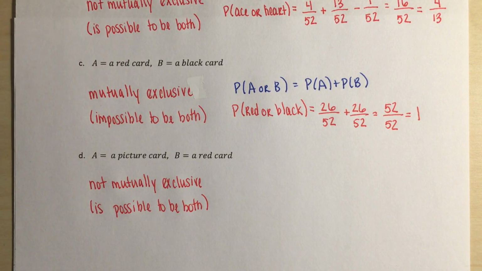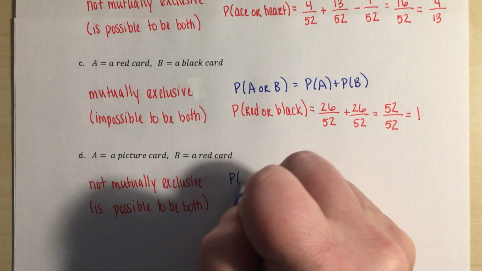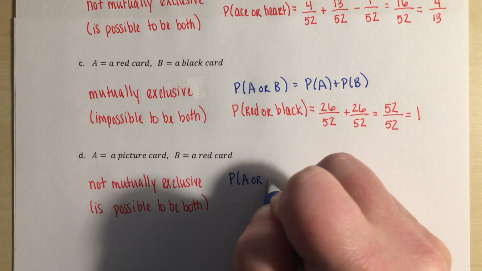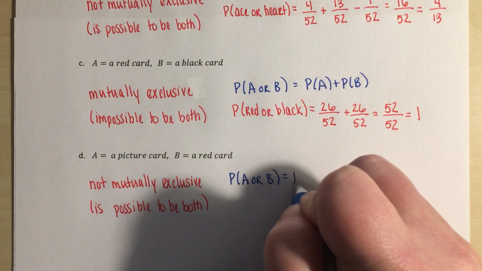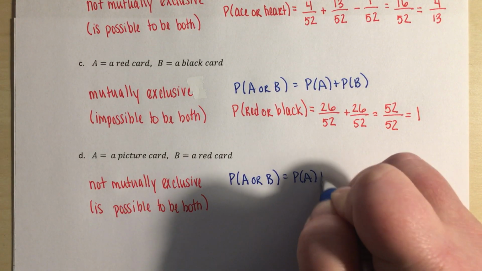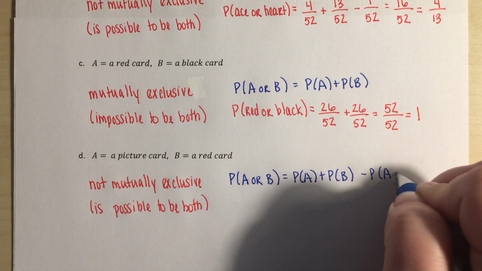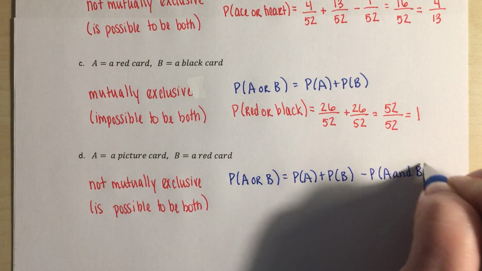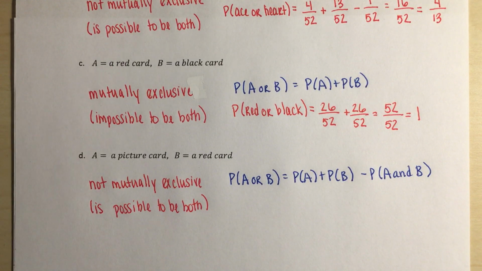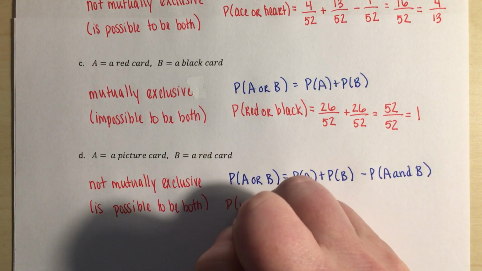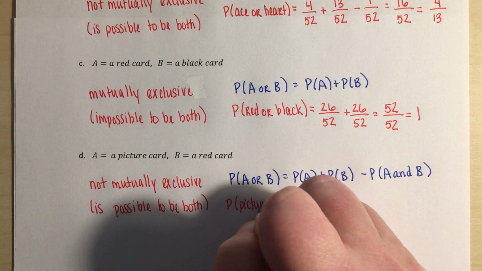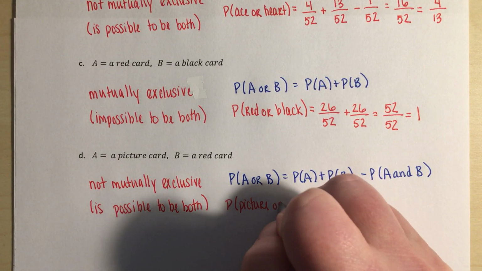Right, so again, we're going to use our formula with our subtraction. Probability of A plus our probability of B minus our probability of A and B. All right, so probability of a picture, or sometimes we call it face card, or red.